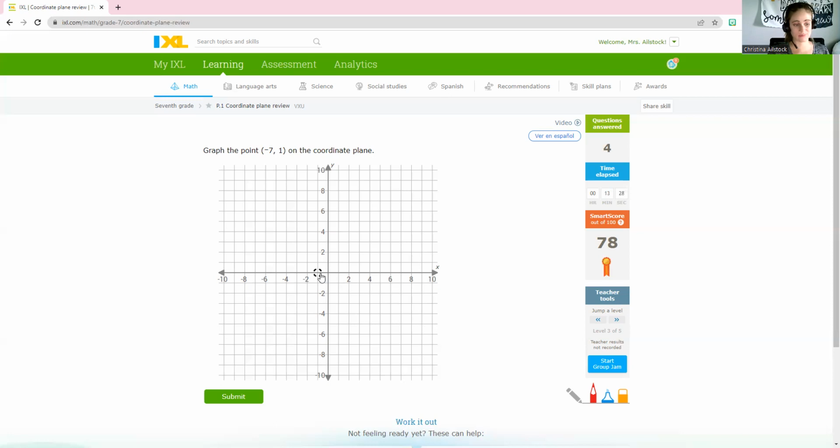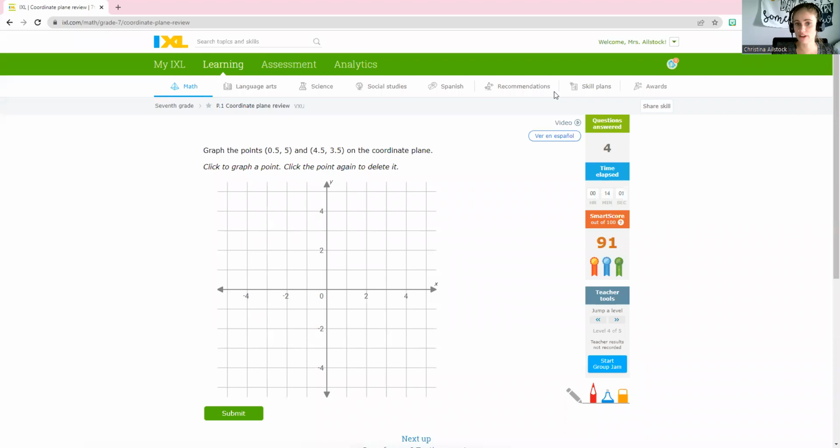So even though it's labeled by twos, it's really counting by ones because it skips a line. So right here would be -7, halfway between -6 and -8. And then our Y value is 1, meaning we need to go up 1 unit. Bingo, there's our location. That's where our ordered pair goes.